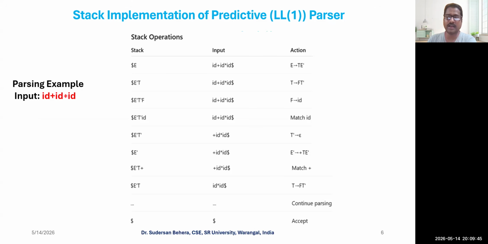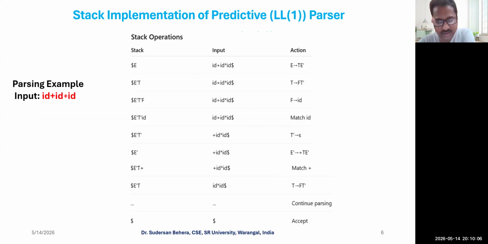Now, as I said, it has 3 pointers in fact, but now I am focusing on 2 pointers. One pointer will focus on the top of the stack, and the second pointer will focus on the input symbol. Top of the stack is E and the input symbol is id. Are they equal?